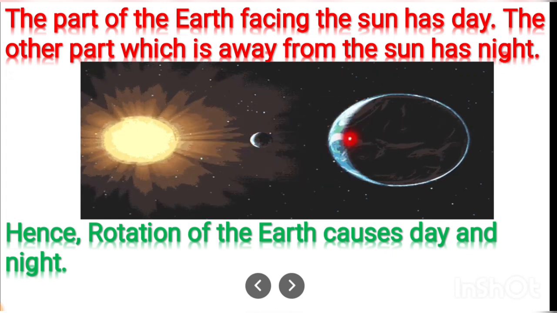So whatever countries are in this part are having day, the morning time. And this part, which is away from the sun, has night because it is not getting the sunlight. So whatever countries are here, they are having night. That's why if your friend is living in Canada, here is night. And if you're calling from India, here the time is day. So that's why the difference is there.